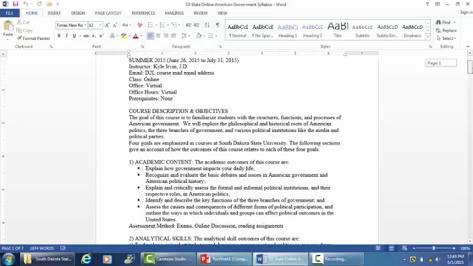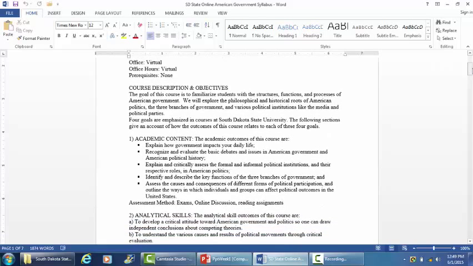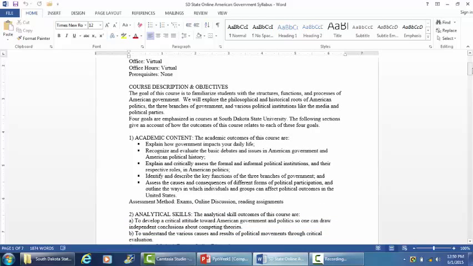So obviously our goals are to learn about American government and politics, and the different branches of government and some things that you may have not thought about as being government.